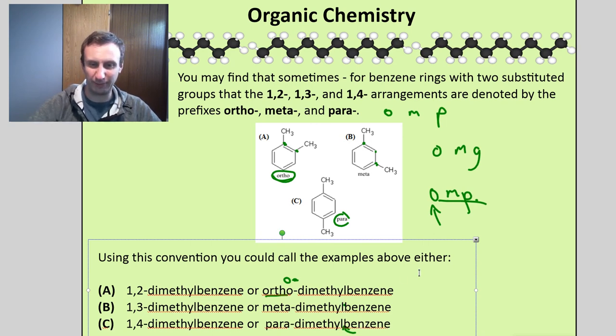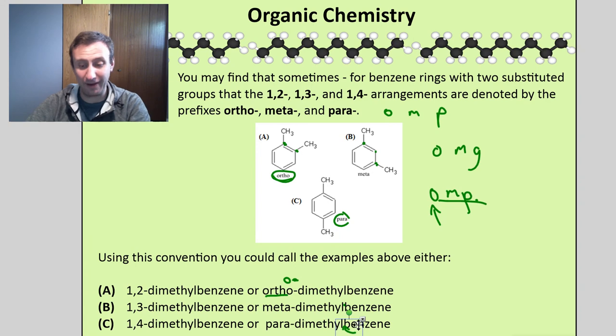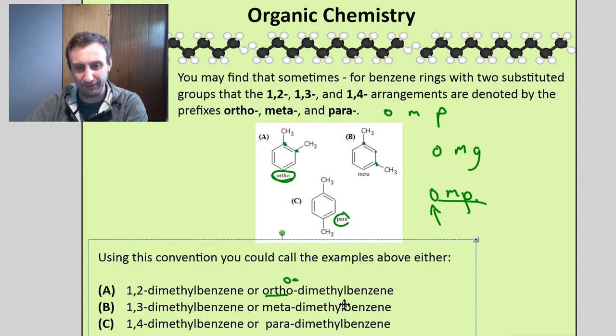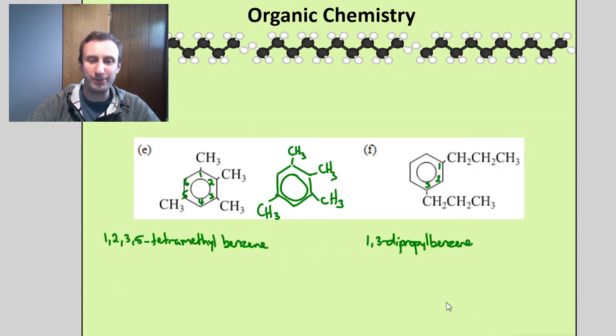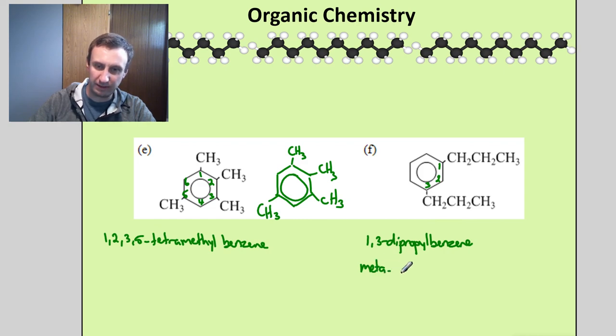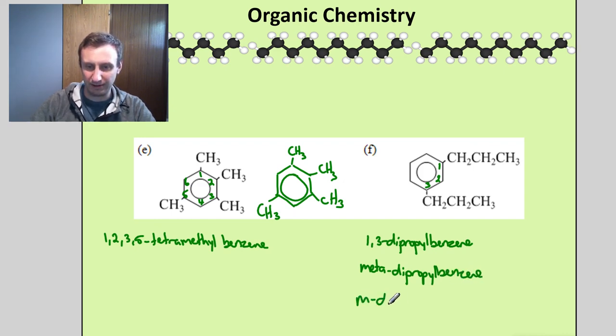So when I said to put a space in there, that's totally incorrect. It should have the absence of a space. I feel silly. All right, anyways, going back to this example: 1,3-dipropylbenzene. This should be meta-dipropylbenzene as another name that I could use. Or instead, m-dipropylbenzene would be another way to name this.